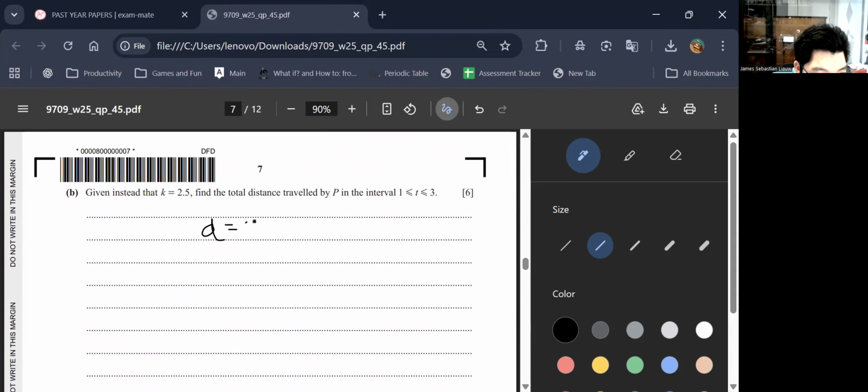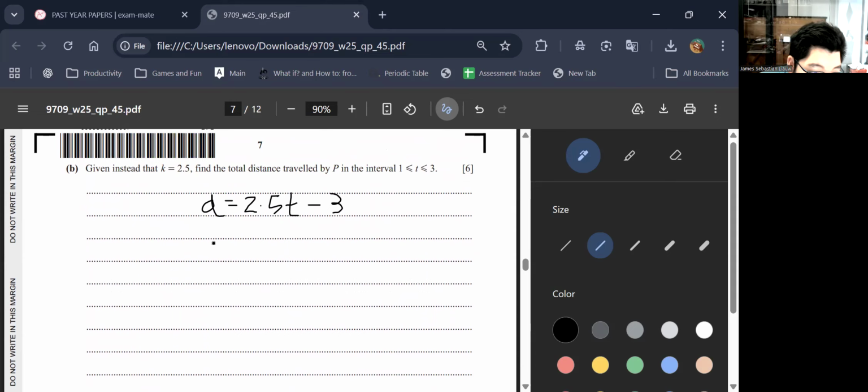Right. Let me just rewrite the acceleration expression now that we know k is 2.5. So this is the information we're given.